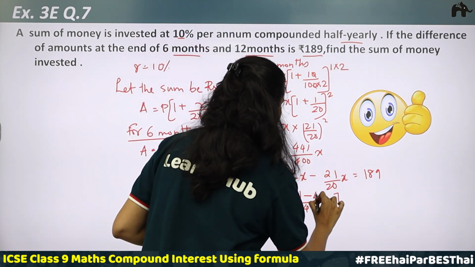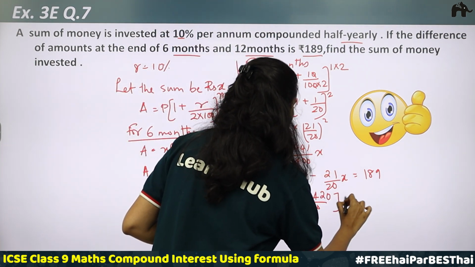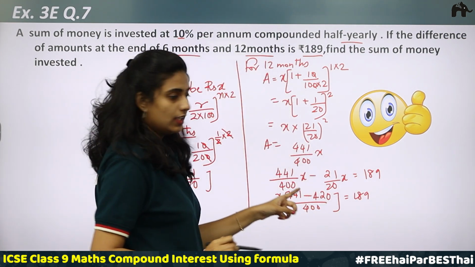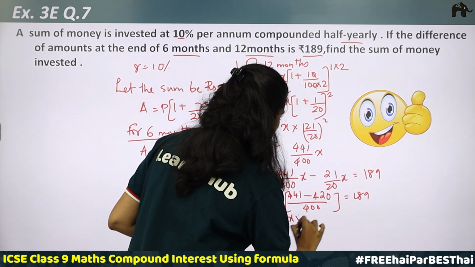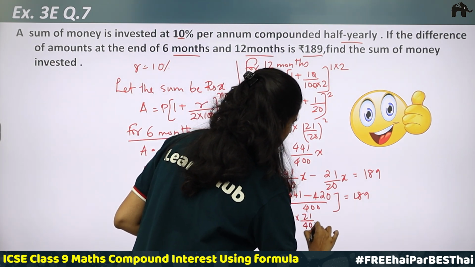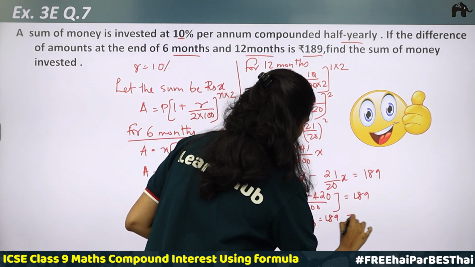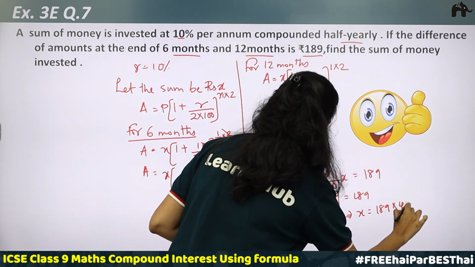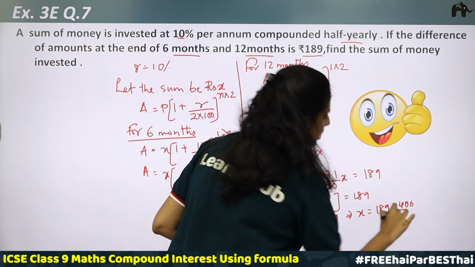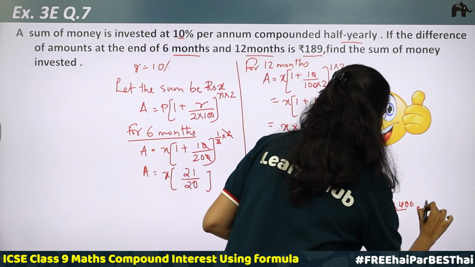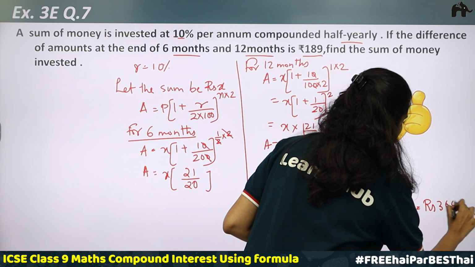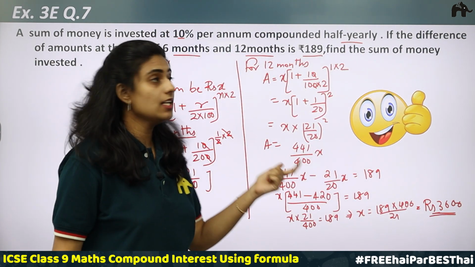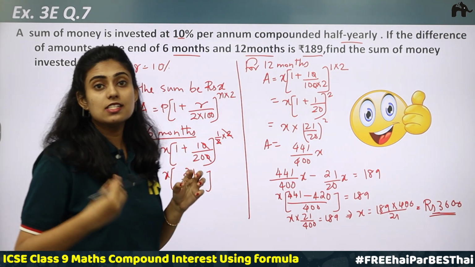We will be getting 420 is equal to 189. Okay, on subtracting, you will be getting 21. So x into 21 divided by 400 is equal to 189, which implies x is equal to 189 into 400 divided by 21. When you do this calculation, you will be getting rupees 3,600. So this is your final answer. Rupees 3,600 is the principal, or this is the sum.